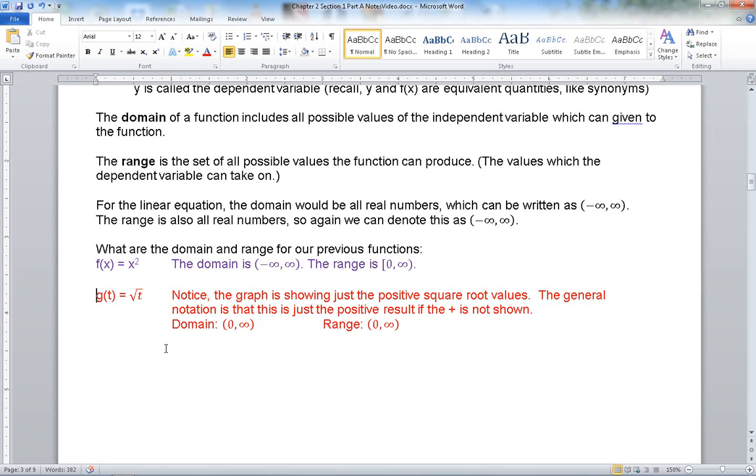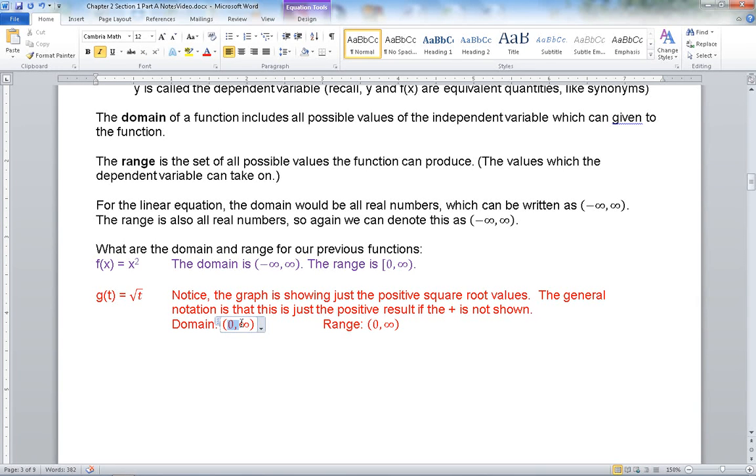So what is the domain? Well, think about the domain. What values can I put in and take the square root of? Well, I can actually take the square root of any number between 0 and infinity. I can't take the square root of negative numbers, okay, and get a real number answer. Can I take the square root of 0?